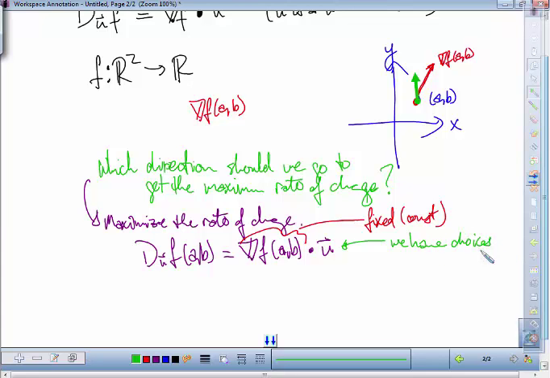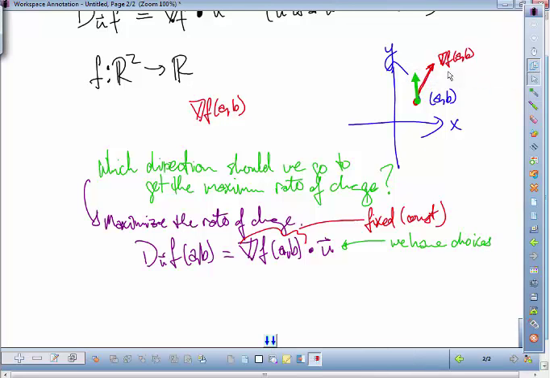We have choices for u. We can make u go in many different directions. All right? So our plan is to move u around to see which is going to give us our maximum.